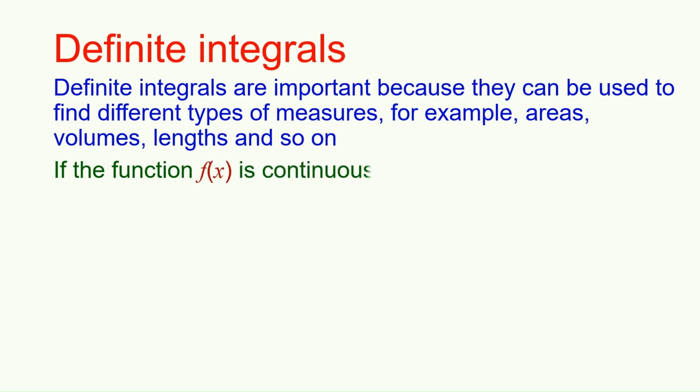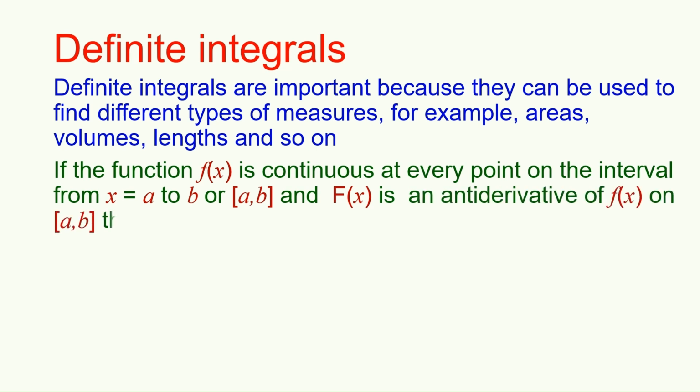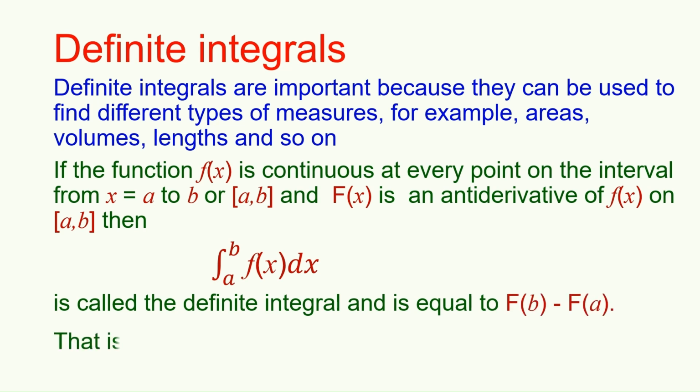If the function f(x) is continuous at every point on the interval from x equals a to b, and capital F(x) is an antiderivative of f(x) on a to b, then integrating from a to b f(x) dx is called the definite integral and is equal to F(b) minus F(a).